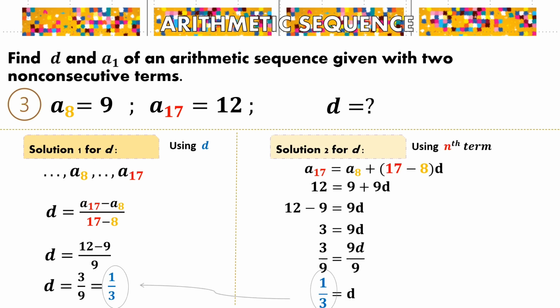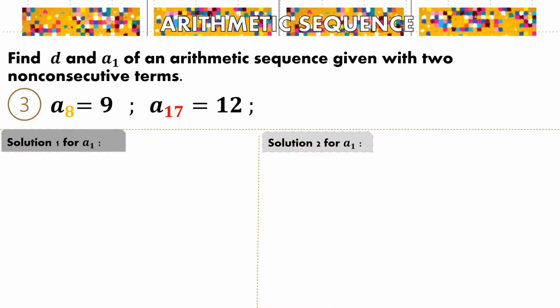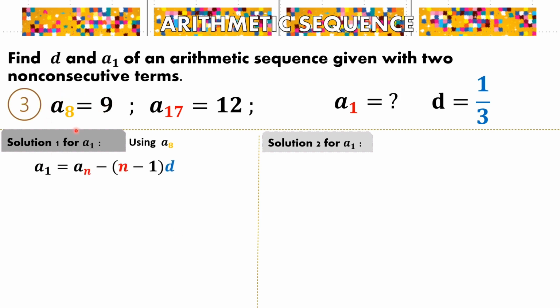Okay, since we know already the value of d, let's find a sub 1. Solution 1 using a sub 8 and finding a sub 1 equals a sub n minus quantity n minus 1 times d.